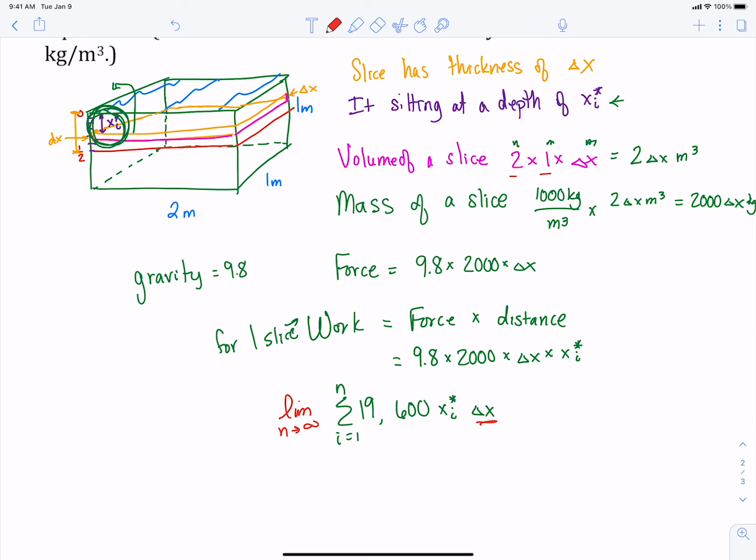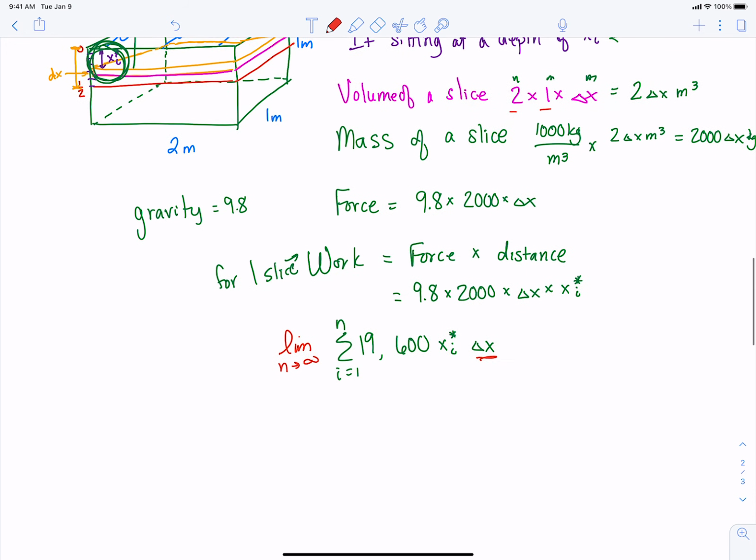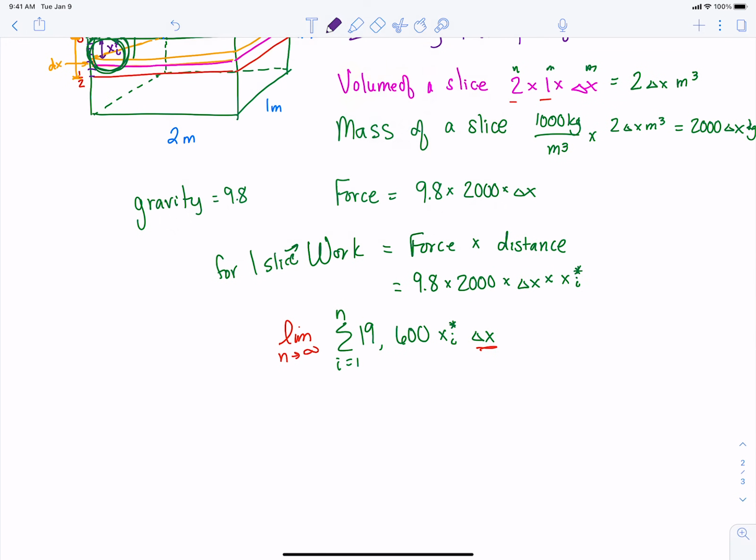So because making n go to infinity is making delta x go to 0. And this is going to be the integral from 0 to 1/2 of this 19,600 x dx.